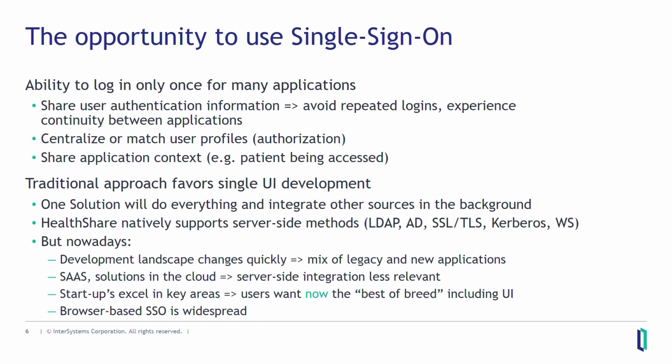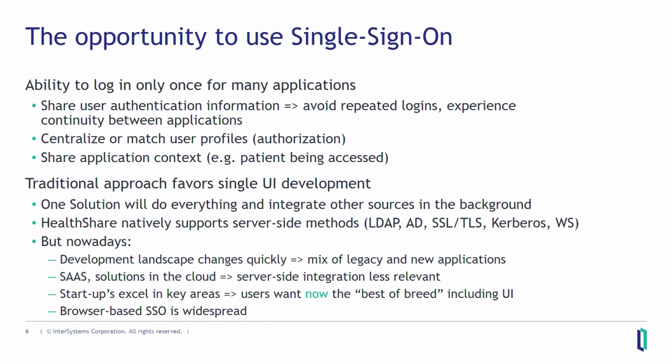This means sharing user authentication information, so avoiding these repeated logins, and experiencing some sort of continuity between the applications. One of the implications that will come with this is obviously either centralization or a way to match the user profiles that you have defined in each application.